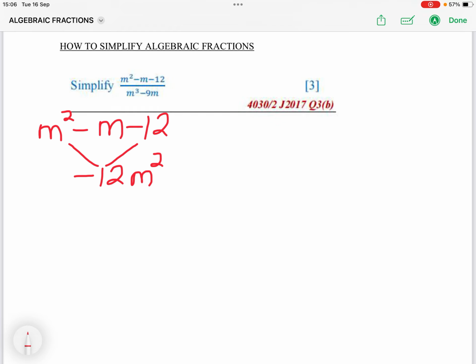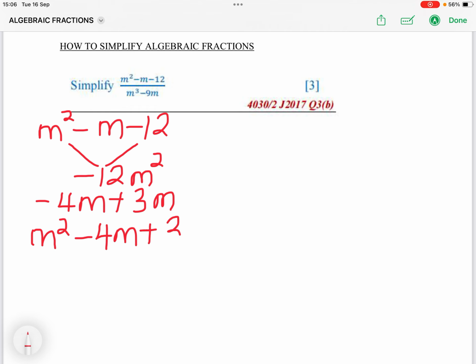So we are going to use minus 4m plus 3m, because if we say minus 4 plus 3, we get minus 1, and minus 4 times 3, we get minus 12. So we now have m squared minus 4m plus 3m minus 12. And then we factorize in pairs.